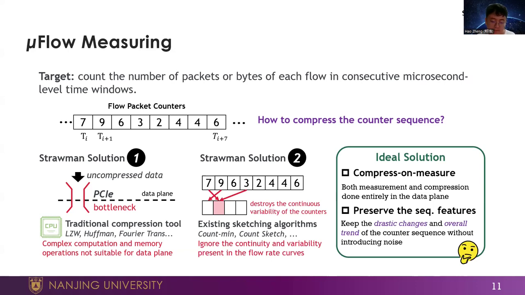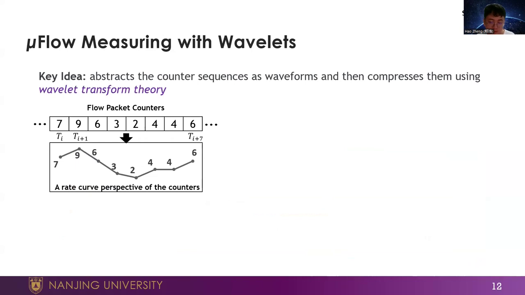The first is that we need a compress-on-measure algorithm, which means we need to directly compress the measurement data in the data plane without transferring the uncompressed data to any other places. The second is that we need to keep the drastic changes and overall trend of the counter sequence without introducing noises. Micromon's answer to this problem is wavelets.